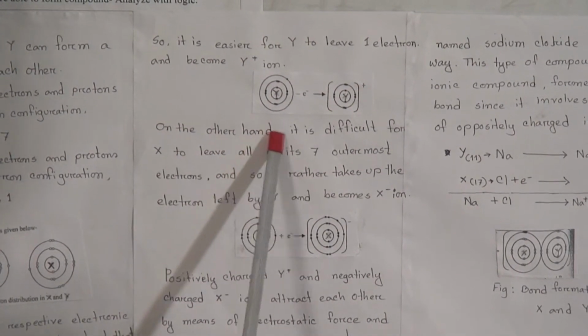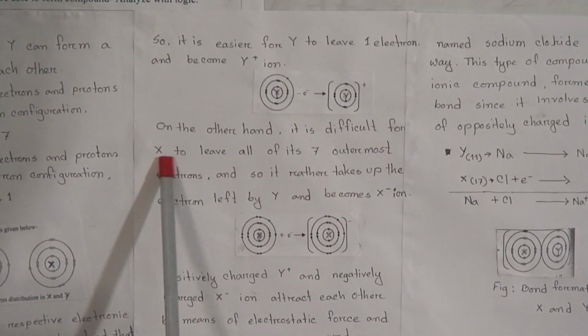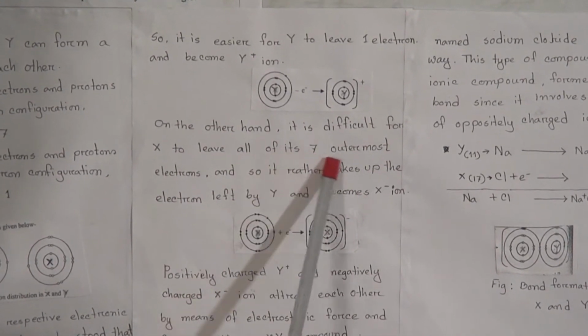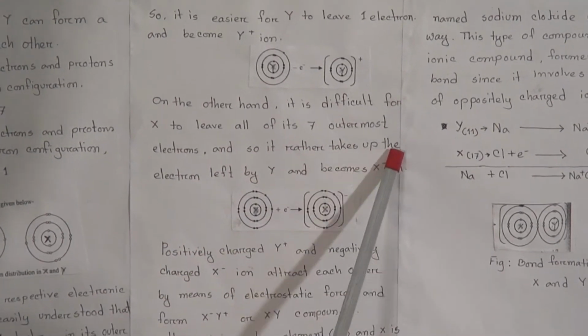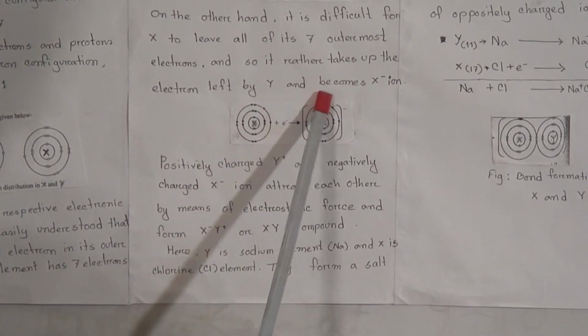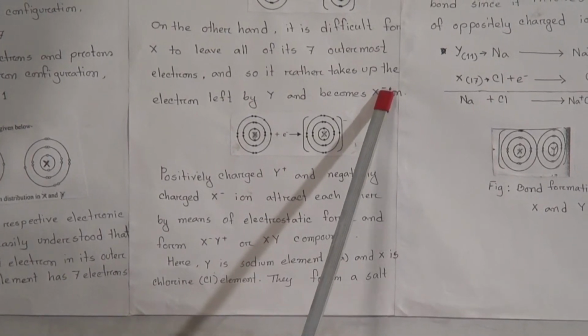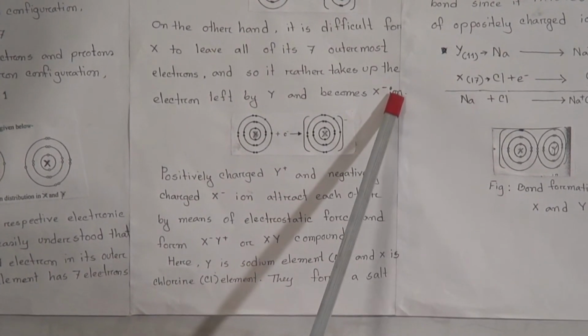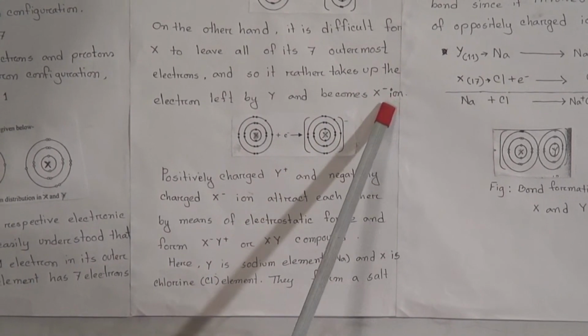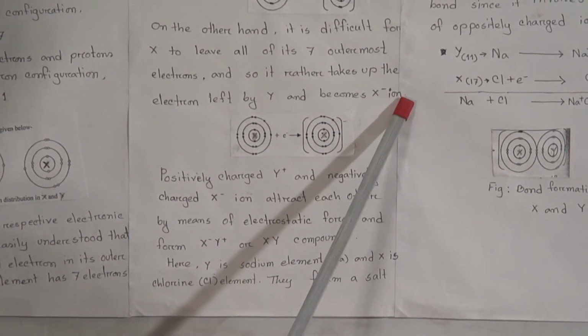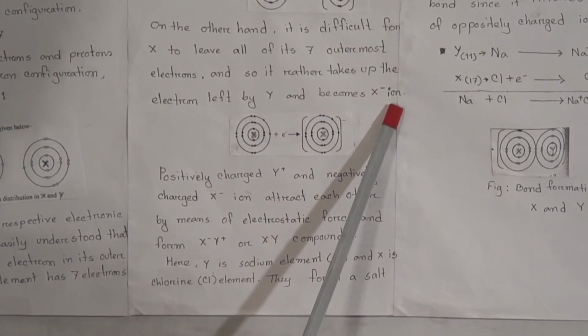On the other hand, it is difficult for X to leave all of its 7 outermost electrons, and so it rather takes up the electron left by Y and becomes X minus or X negative ion, that means an anion. Dear students, again I am telling you, you have to write the word anion with this.